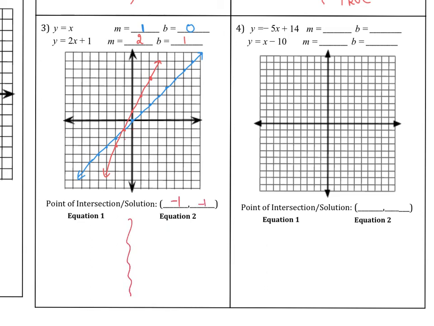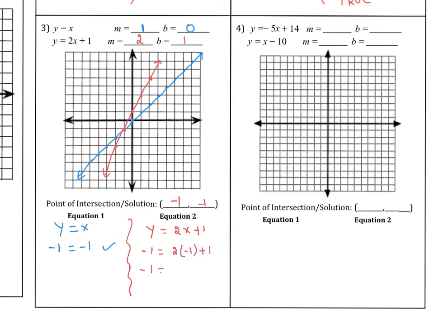Now you're going to check for solution. So your first equation is y equals x. So you're going to put -1 for y and -1 for x, which is true. For the second equation, you're going to use y equals 2x plus 1, y as -1, x as -1.